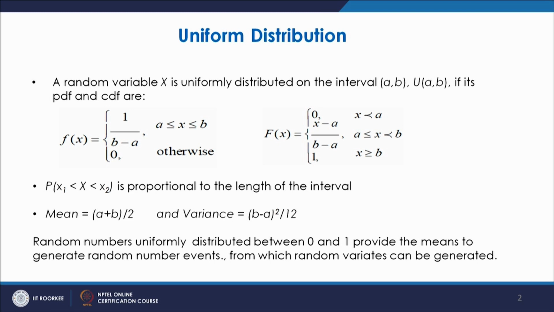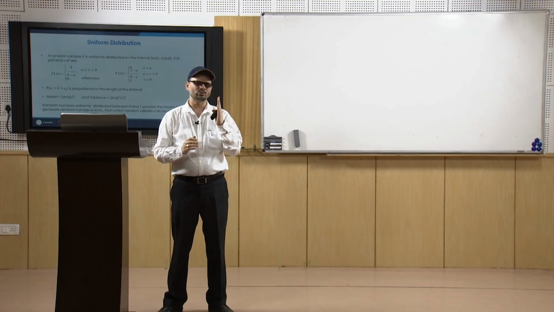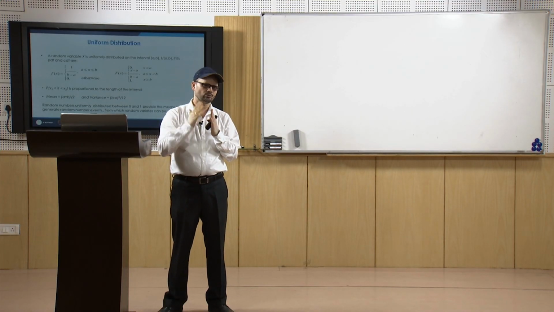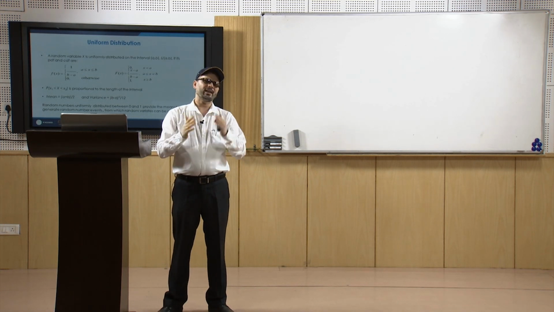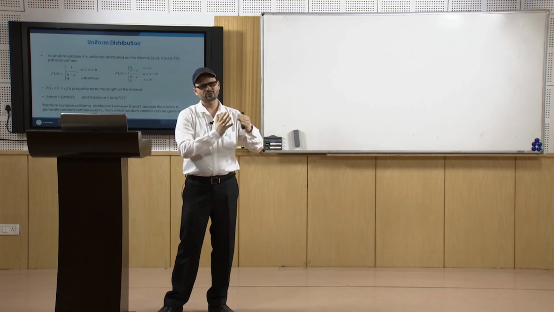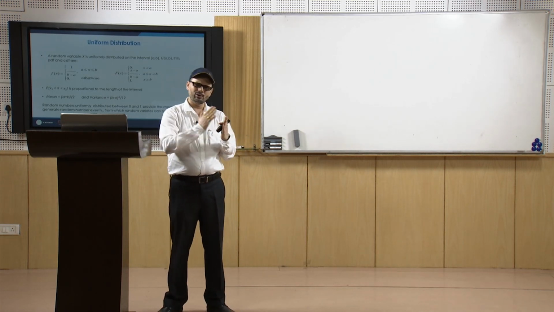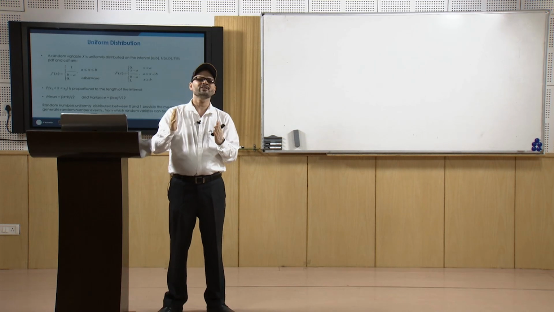If x is less than a, the F(x) value is 0, and if it is more than b, then it is 1. As we know, the cumulative distribution function tells you the probability up to that particular value. Before a there is no probability, so it is 0. Once we move from a to b, the cumulative probability value will go on increasing.